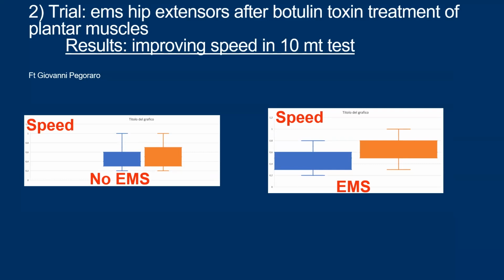We were surprised because we observed an improvement of velocity, the speed of walking of the patient. This is the 10 meter test. As you see, we see an improvement of velocity after the stimulation of the extensor hip after the injection of botulinum toxin.